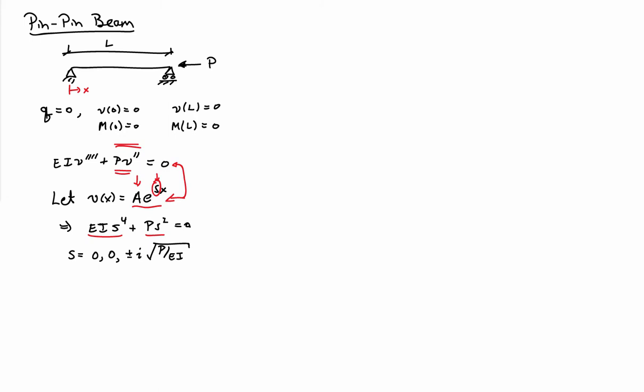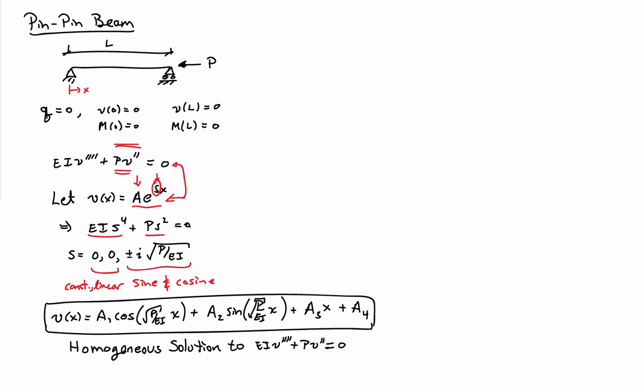And so the general solution can be written as follows. First of all, the imaginary roots are going to lead to sines and cosines, and the first 2 terms will lead to a constant term and a linear term. So put all together, I have this general solution to my homogeneous differential equation. So v of x is equal to some constant I'll call a1 times the cosine, plus a2 times the sine, plus a3 times x, so that's the linear term, plus a4, which is the constant term.